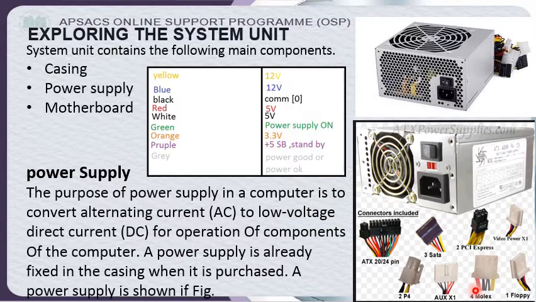So if you see here, two lines of cable are there. One is red, another one is yellow. Yellow means 12 volt, red means 5 volt. So an IDE hard disk works on 12 and 5 voltages.